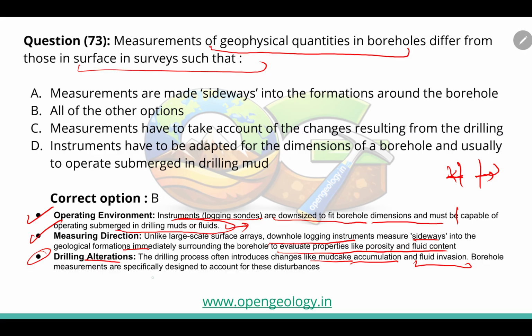So borehole measurements are specifically designed to account for these types of disturbances, otherwise they will not get the actual values. There is drilling mud also. If you encounter some fluid, it will flow into the borehole. So you have to think about all of this. Here the correct option is option B.